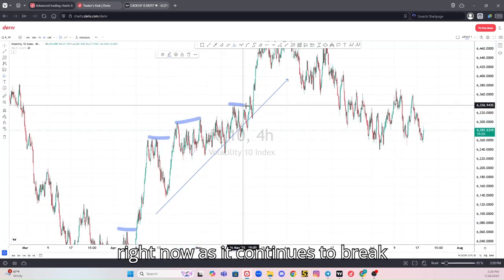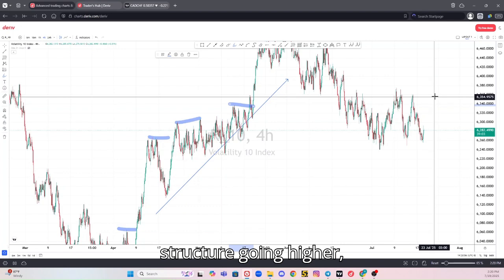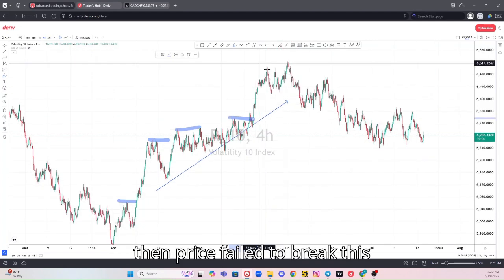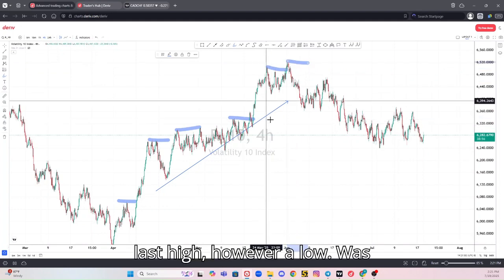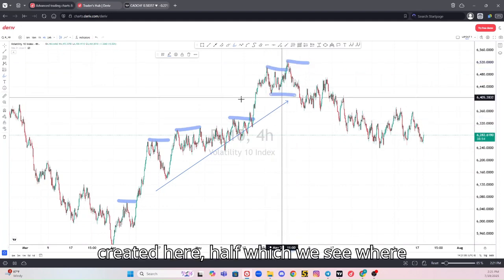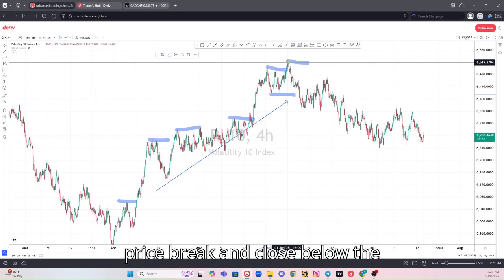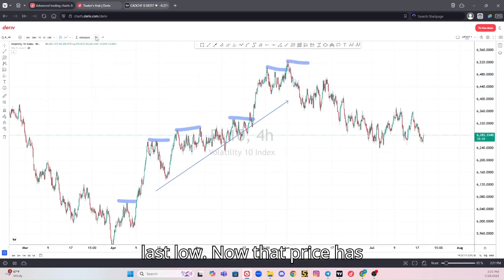Now, as it continues to break structure, going higher, then price failed to break this last high. However, a low was created here, of which we see where price breaks and closes below that last low.